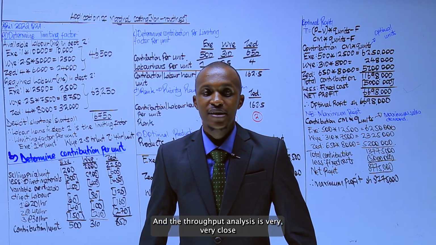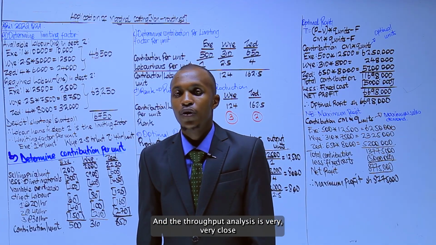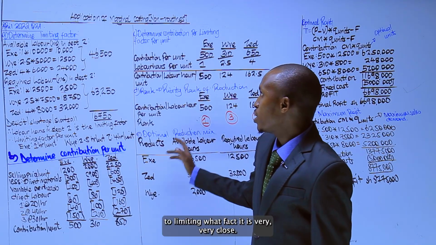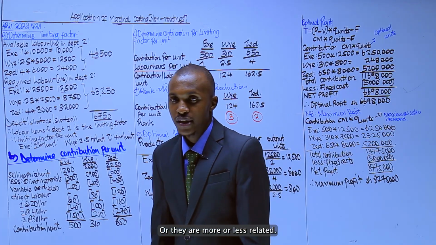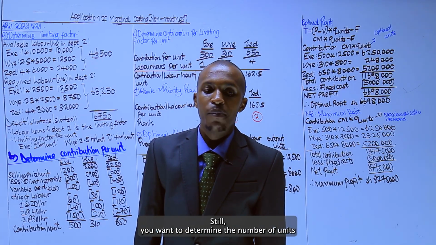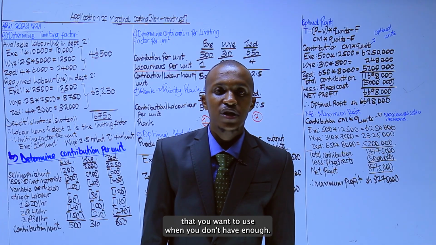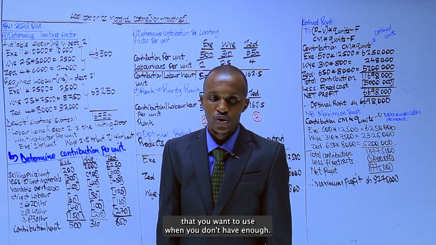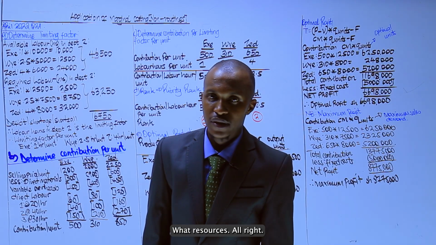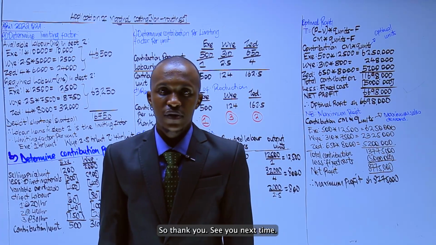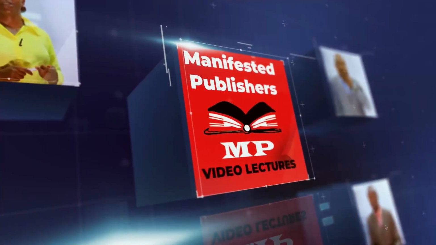Throughput analysis is very, very close to limiting factor, so they are more or less related. Still, you want to determine the number of units that you want to produce when you don't have enough resources. All right, thank you. See you next time.